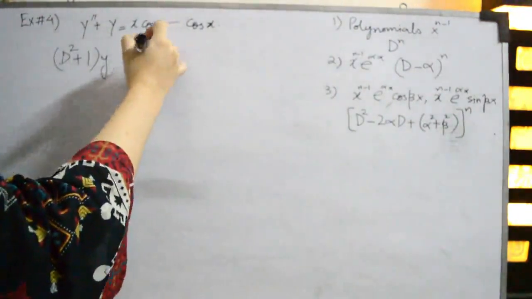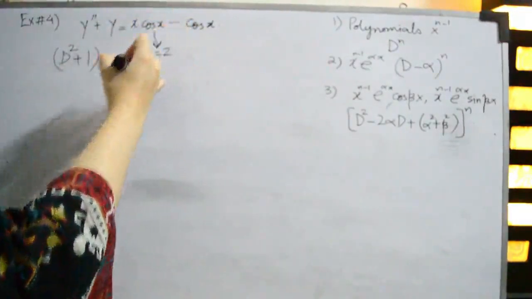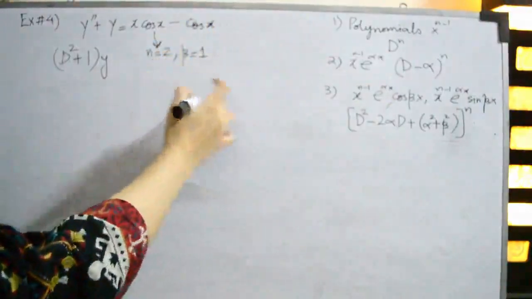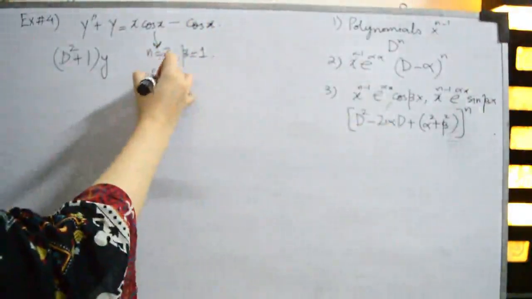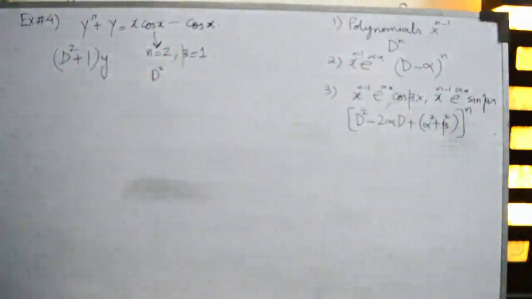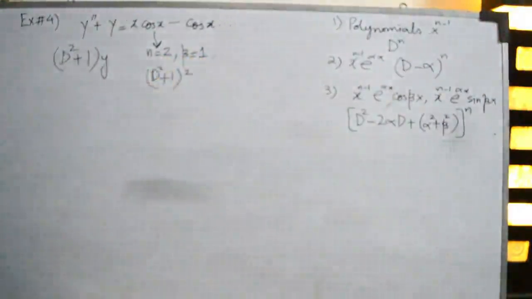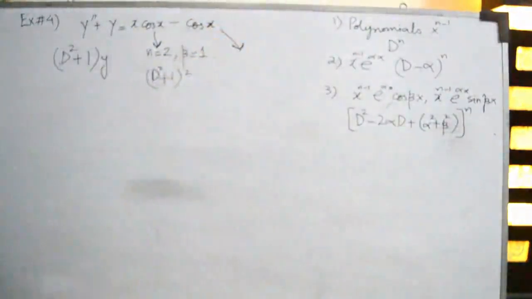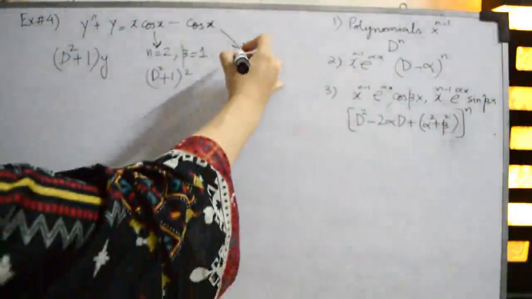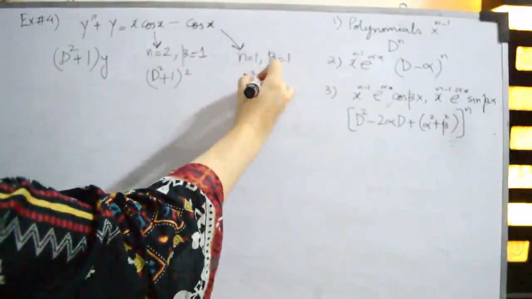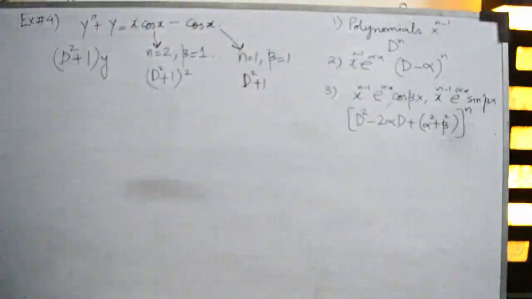So here, x to the power 1 means n should be 2 and beta should be 1. By this formula, D square, no alpha, plus 1 to the power 2. That is the annihilator operator of this term. For cos x, n is 1 and beta is 1, so that means D square plus 1.